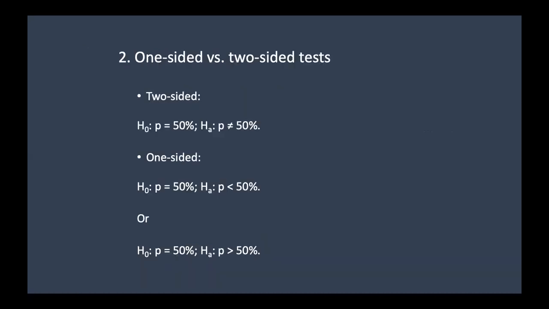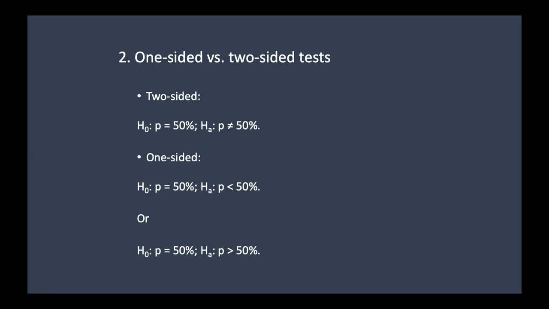There's one-sided versus two-sided test, which I have presented to you earlier. Two-sided means that the alternative hypothesis is non-directional. For example, if the null hypothesis has a probability of 50%, then a two-tailed test is basically saying that it will be different from 50% without specifying the direction.